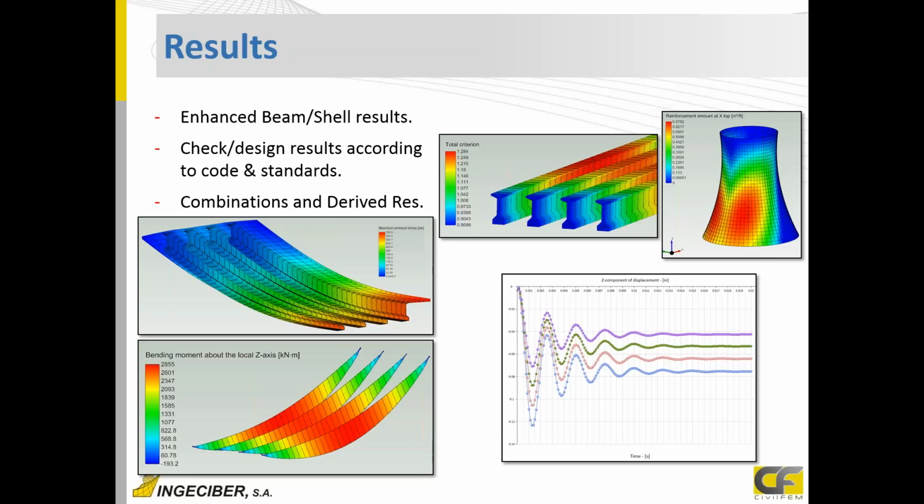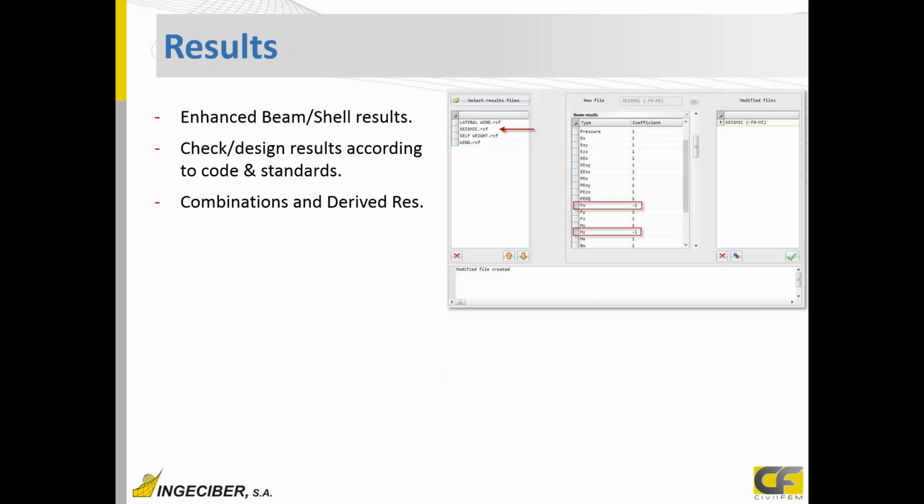Well, once we have our results file, using the derived results we can change any sign or multiply certain results by a coefficient.